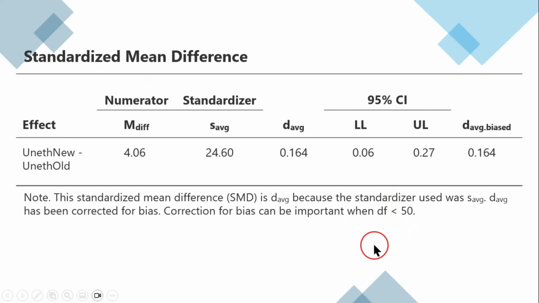And then the last slide, I believe, before our correlation scatter plot we'll look at is the standardized mean difference, the SMD, standardized mean difference, or the effect size.